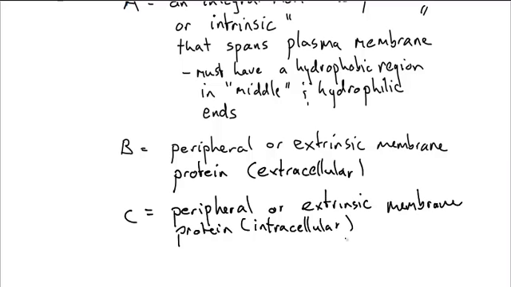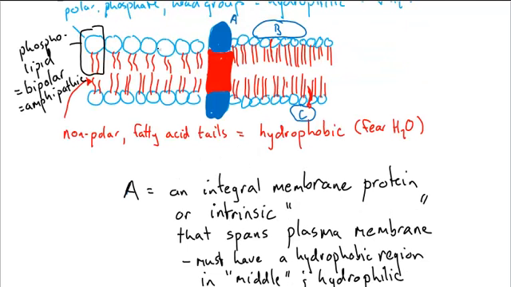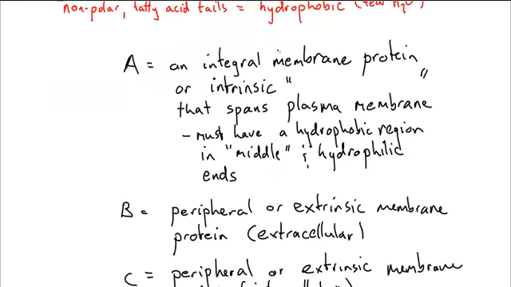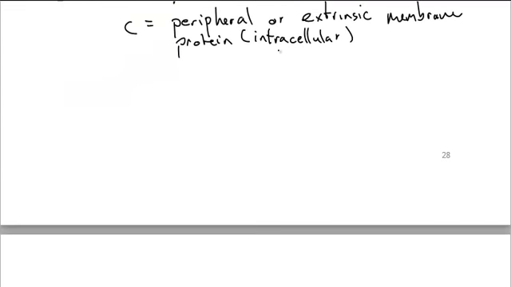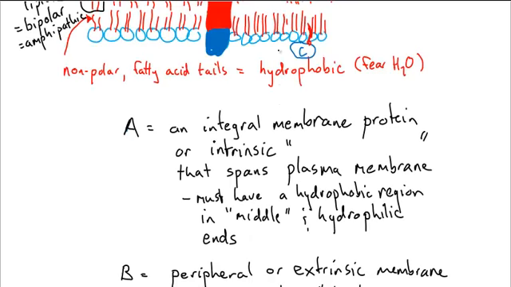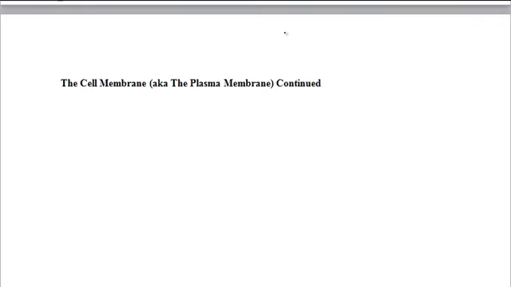So what I've just described here is sort of three types of structural plasma membrane proteins. But there's actually 5 sort of different functional classes of plasma membrane proteins.